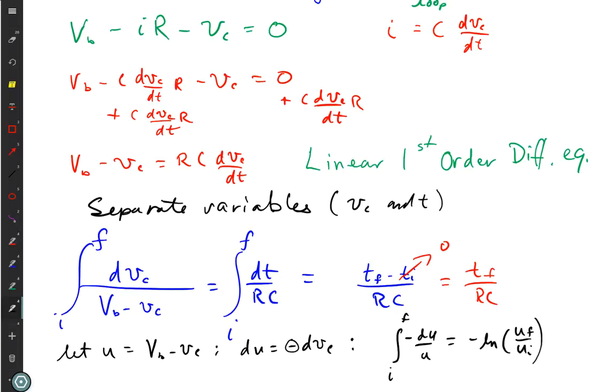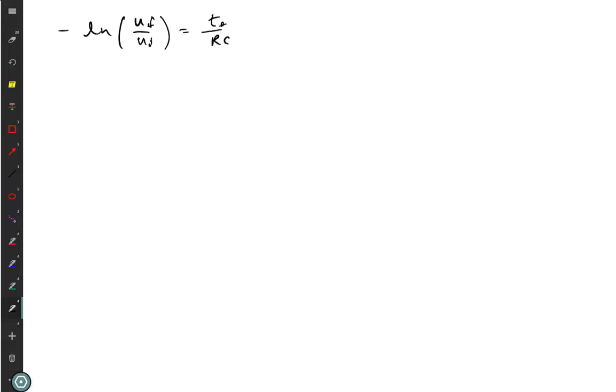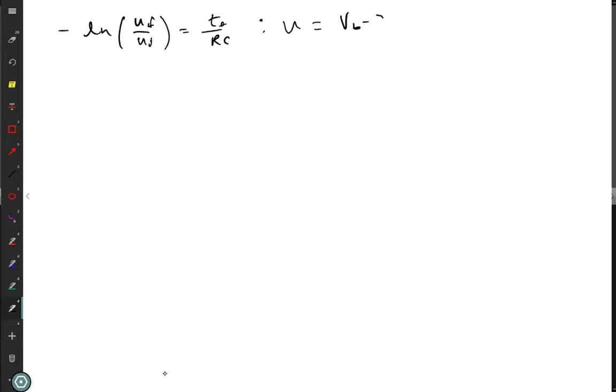So what I found by doing this problem is, next page, minus natural log of u final over u initial is equal to T over RC. Of course, I have to put u back in. U is equal to VB minus VC.